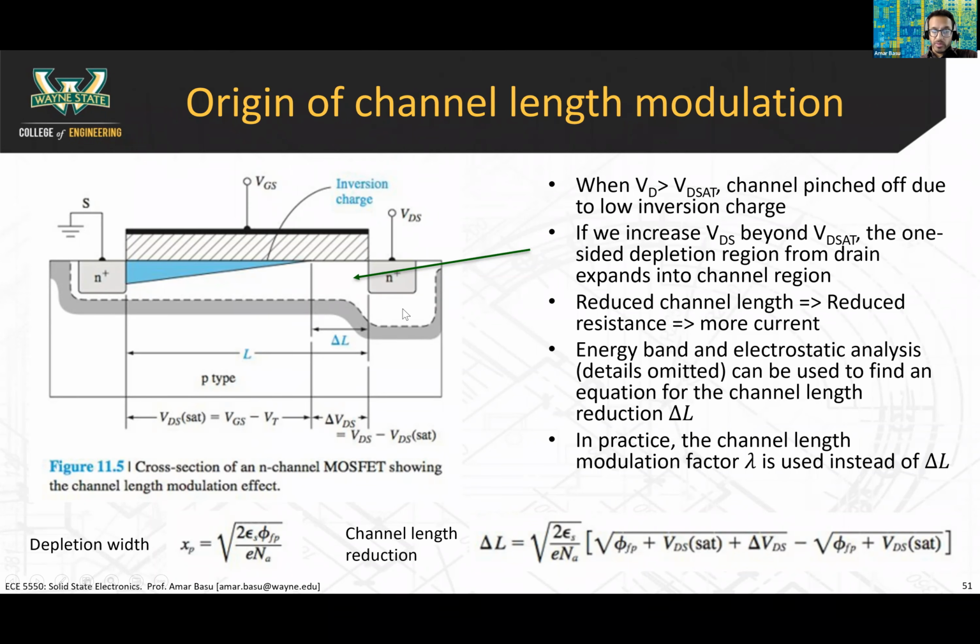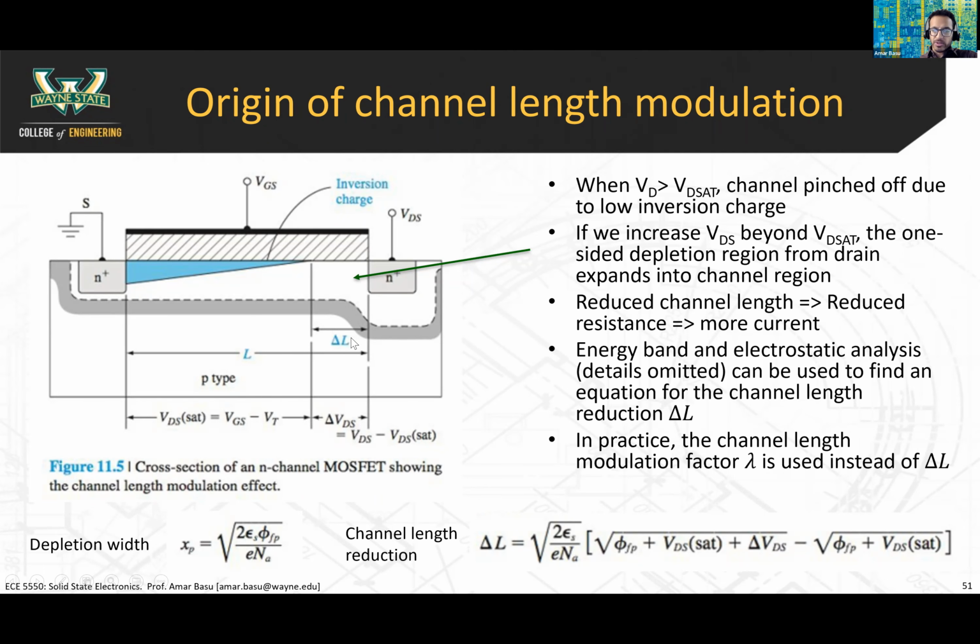Now, the width of the depletion region, X sub P, just as a reminder, is 2 epsilon times the potential divided by Q times NA. This potential difference becomes larger with larger VDS, so the width of the depletion region becomes wider and expands further into the channel region.